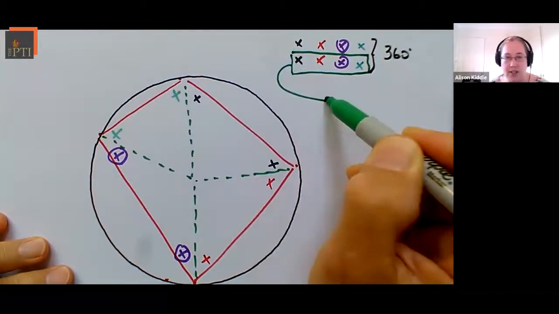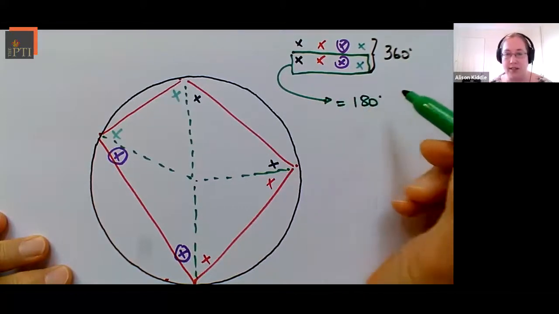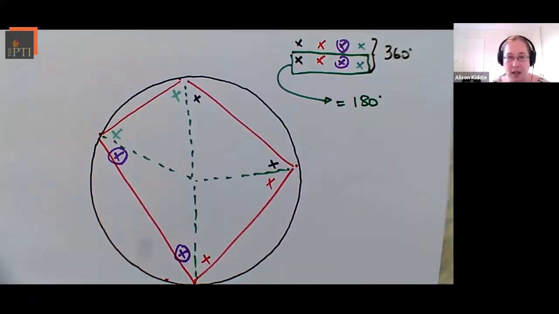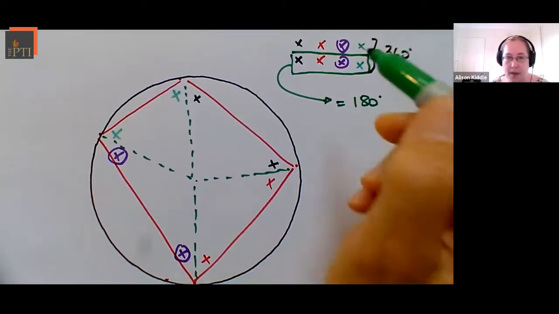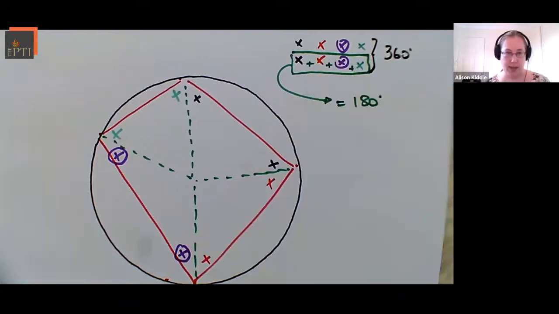And so what Charlie's showing on the screen now is almost a proof without words. It's got some numbers in it, but all 8 of them add up to 360. But each of the opposite pairs has 1 of each colour in it. And so that means that the opposite pairs add up to half of 360. So there's our proof that the opposite angles add up to 180.